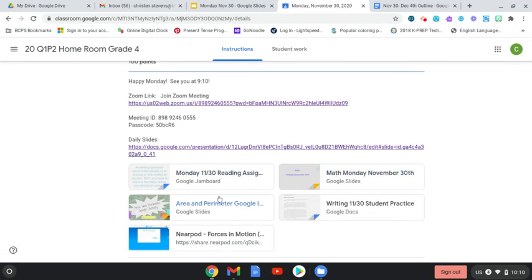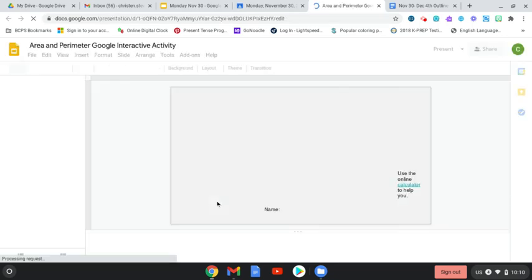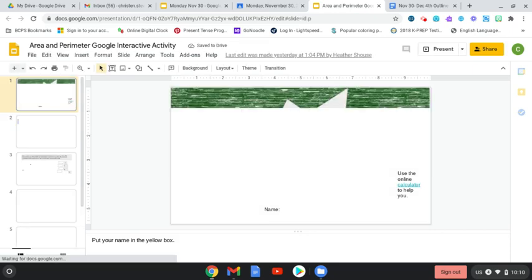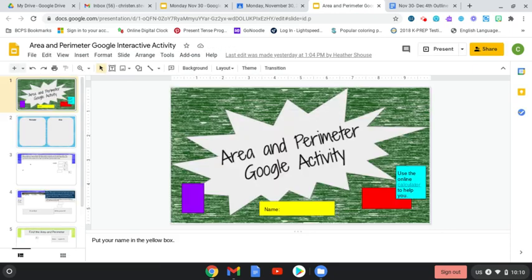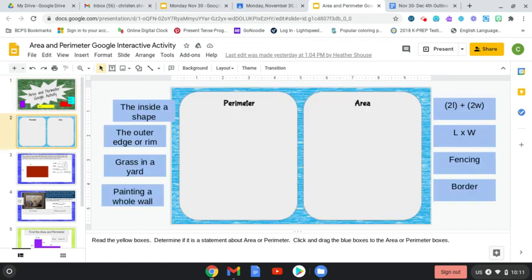So is the area and perimeter Google Interactive? That's the assignment. That's your exit ticket. And again, you have the option of using the online calculator. You can put your name, but you don't technically have to because it will automatically show me who you are in Google Classroom.